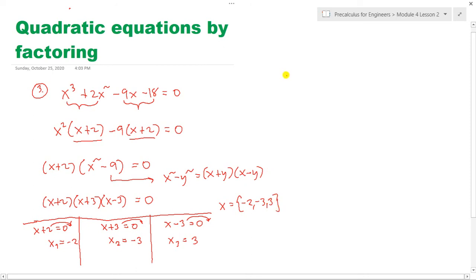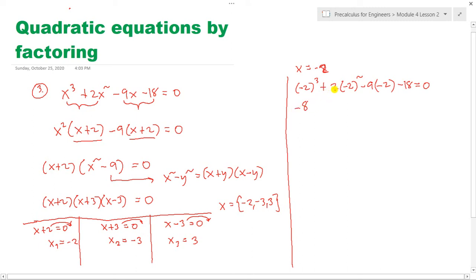So let's verify, class, whether our solutions are correct. For x equals negative 2, plug in the values. Negative 2 cubed plus 2 times negative 2 squared minus 9 times negative 2 minus 18 equals 0. Negative 2 cubed is negative 8.